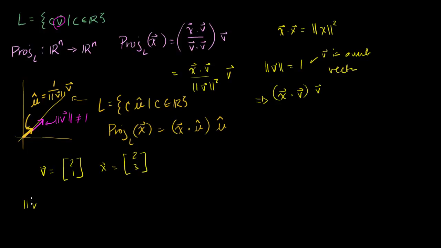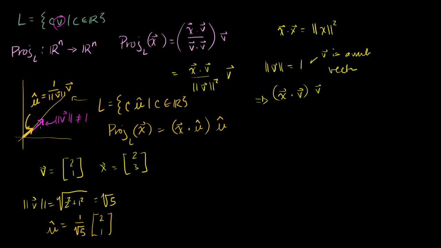The magnitude of v is the square root of 2 squared plus 1 squared, which is equal to the square root of 5. So your unit vector u could just be 1 over the square root of 5 times 2, 1. You could multiply it out or just leave it in this form.